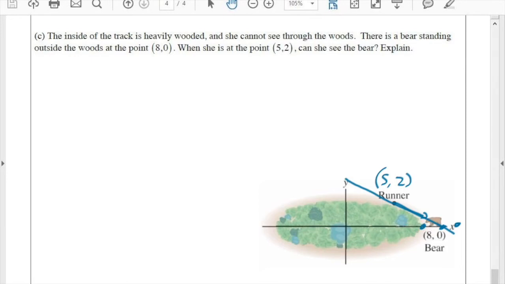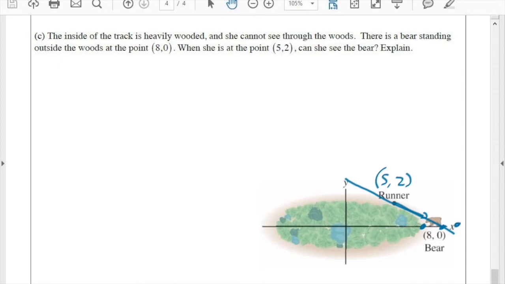So our goal is to create an equation for this tangent line and then find the x-intercept to see if the 80 is right here, in which case the runner cannot see the bear, or if the 80 is right here after the x-intercept, in which case the runner would be able to see the bear.